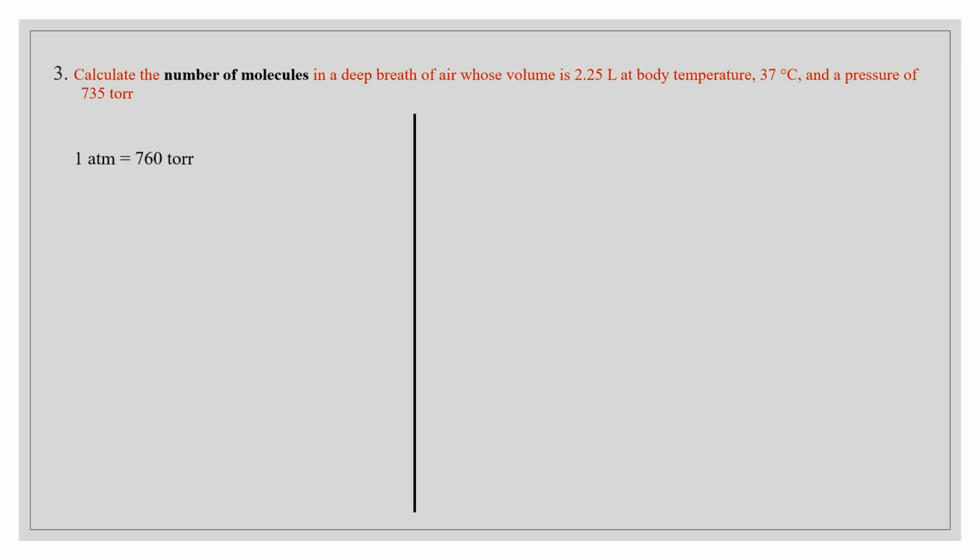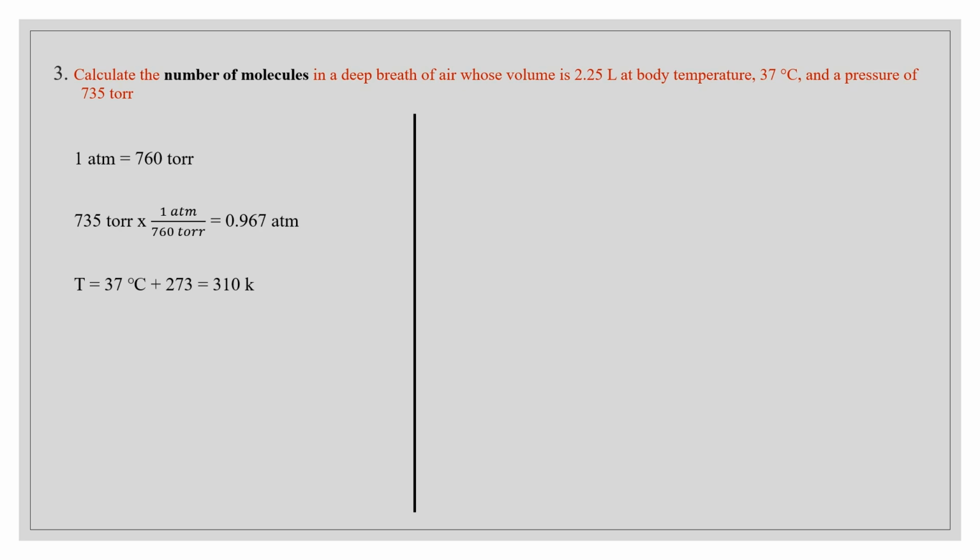The connection between atm, or atmosphere, and torr is 1 atm equals 760 torr. So we have 735 torr. If you divide 735 by 760, we can convert 735 torr into 0.967 atm. Or you can use the conversion factor as explained on the slide.